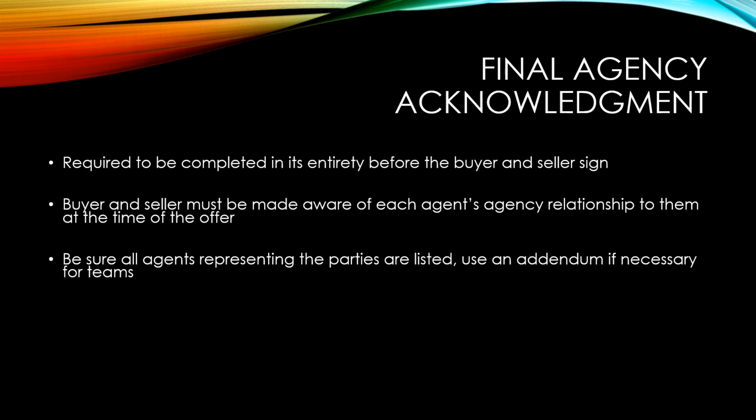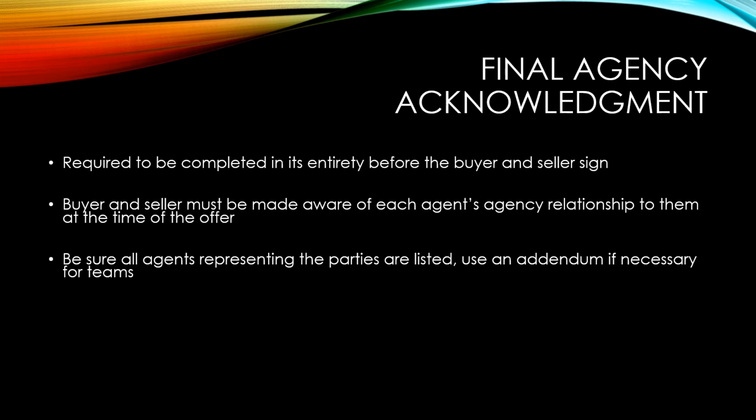Make sure that all agents representing the parties are listed. Use an addendum if necessary. What I'm referring to in particular are teams. So let's say that Mary Smith is the buyer's agent who showed your listing. But Mary Smith works for Bob Jones, and he's got a team of 4 or 5 people.